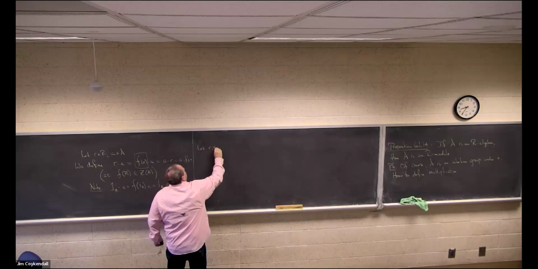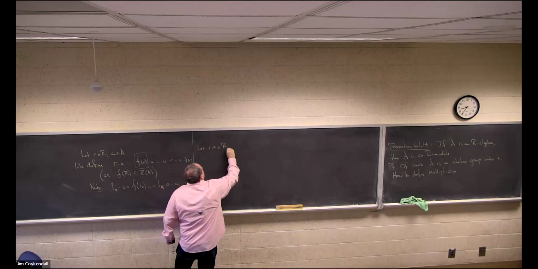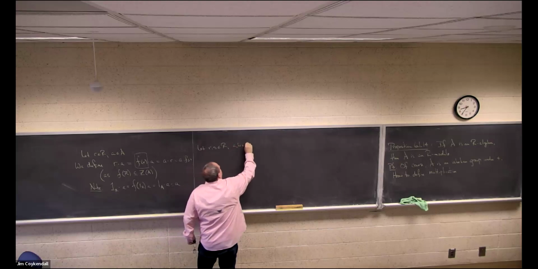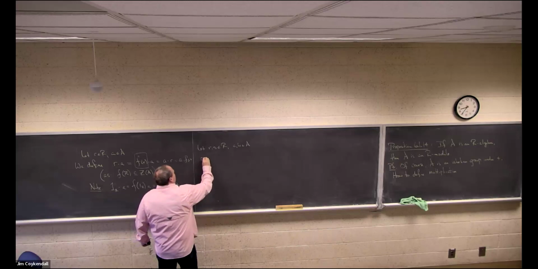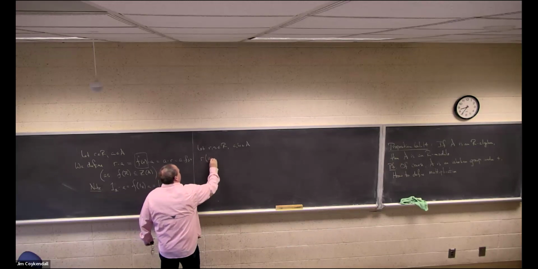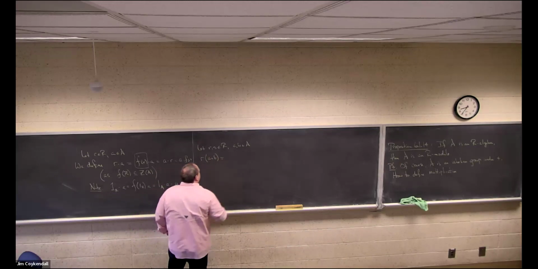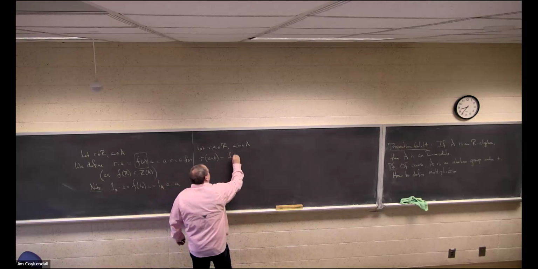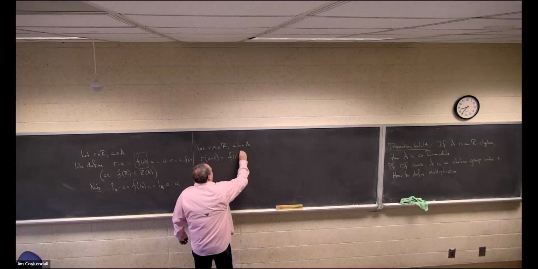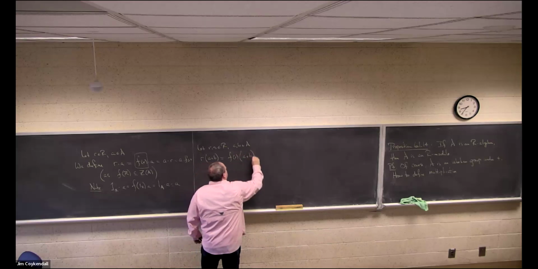Let r be in R and a, b be in A. We need r times (a plus b). Well, by definition, this is f(r) times (a plus b).